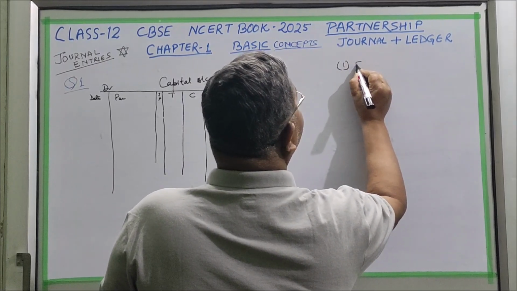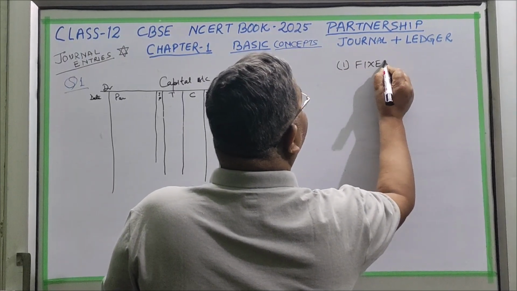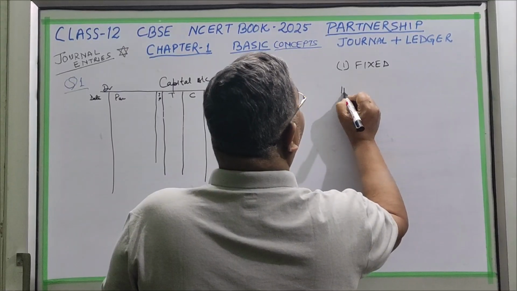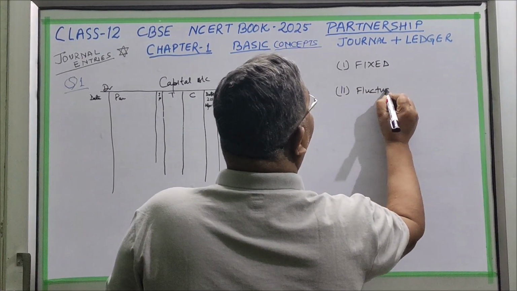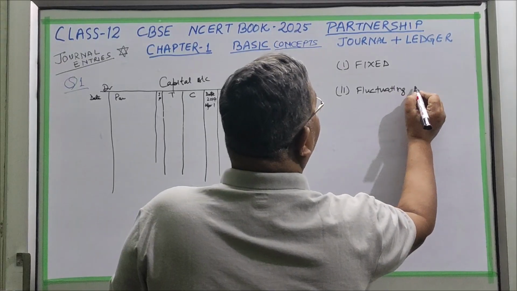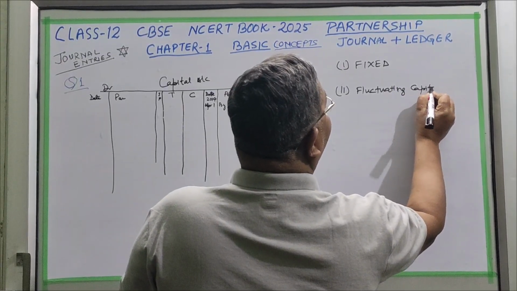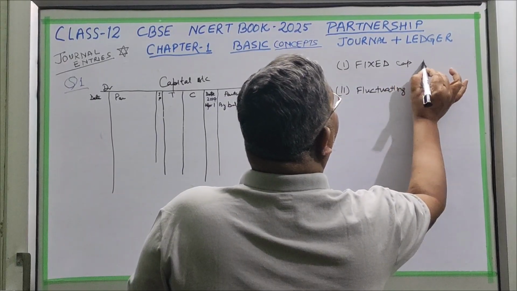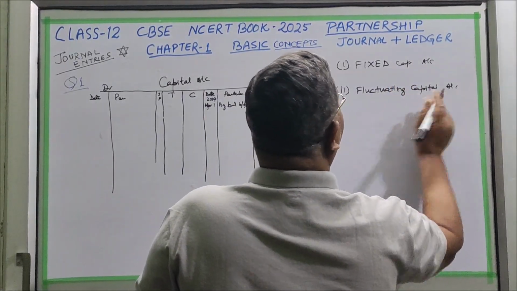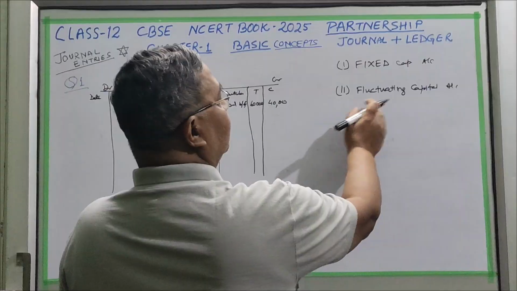First is fixed capital, and other is fluctuating capital. 2 types of capital accounts: fixed capital account and fluctuating capital account. You may be required to do this.